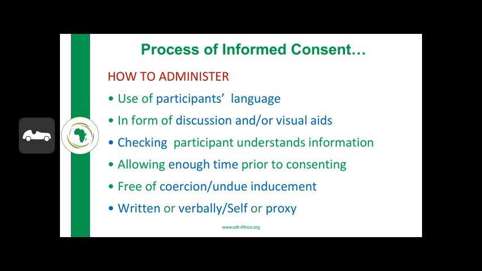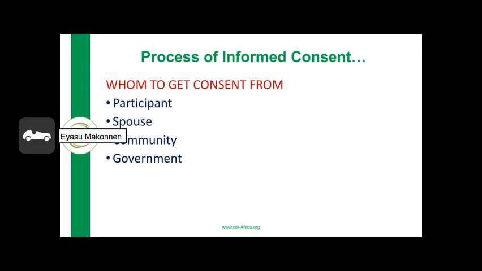The informed consent could be either written or verbal. It could be self or proxy. Informed consent may be obtained from study participants, from the spouse of the participants, if applicable, from the community if the study is done in the community in which the community could be either beneficiary or risk takers.